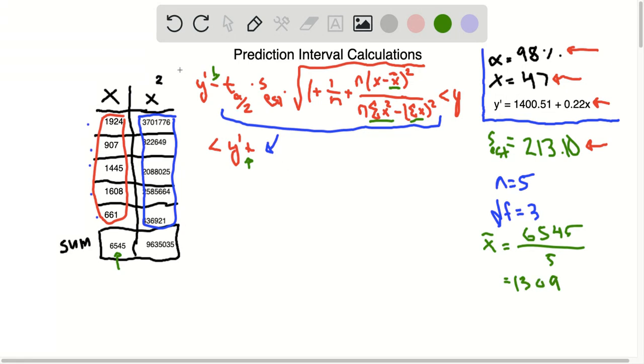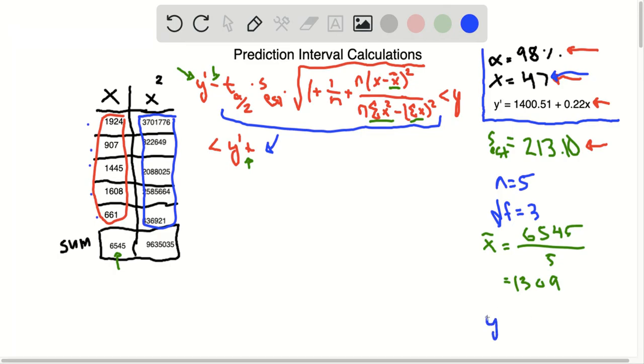Additionally, we know that we want a y prime value. And you might be asking, which y prime value do we want to work with? That'd be a great question. We want the y prime value that is associated with the x value that we're given, the x value of 47 in this instance.